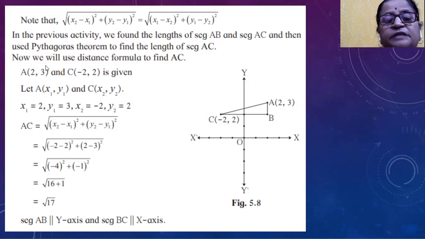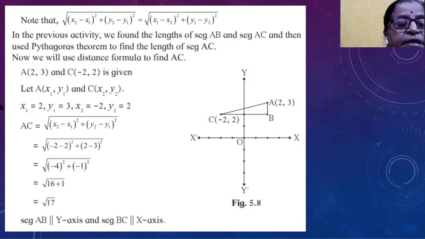Here is the point A, whose coordinates are x1, y1, and the next point's coordinates we consider as x2, y2.